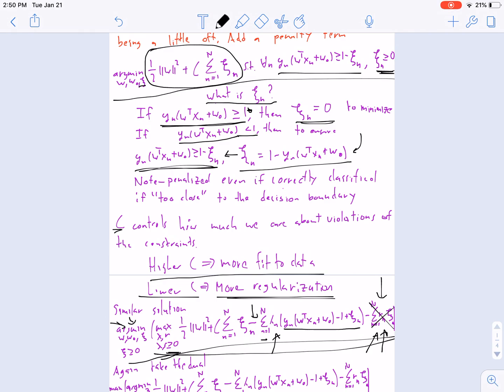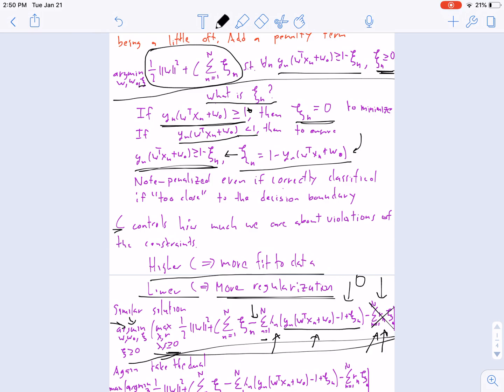And similarly, for this term, for every data point, either yn times w transpose xn plus w naught is exactly equal to 1 minus the slack term, in which case those terms of the sum will be 0 because this thing right here will be 0. Or if that's non-zero, then we know by the inequality that that will be a positive value.